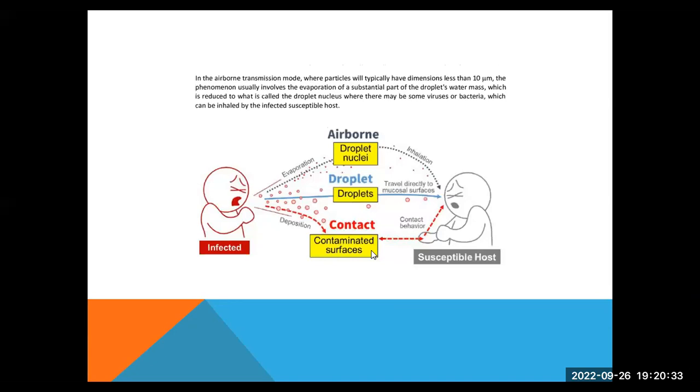But for the droplet, which is the direct pathway of the mode of transmission, it has to travel directly to the mucosal surface. And then we have the contact, which is the direct contact per se, or indirect contact, where it is deposited on the contaminated surface, and then the susceptible host gets it via contact behavior. So this is how there are different modes of transmission.